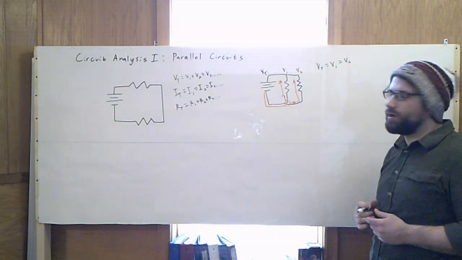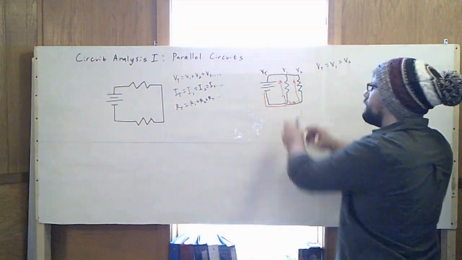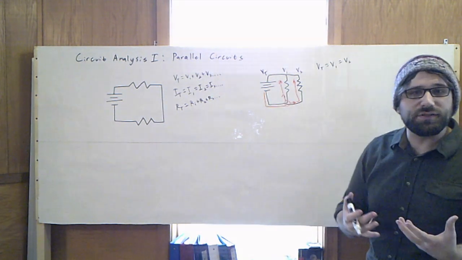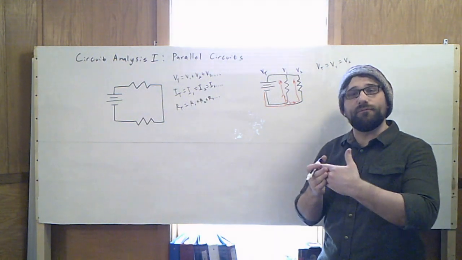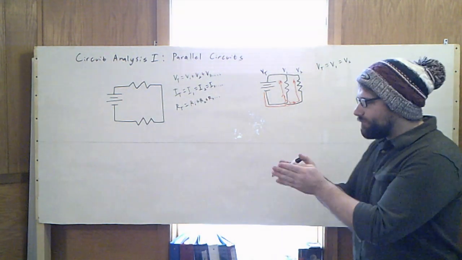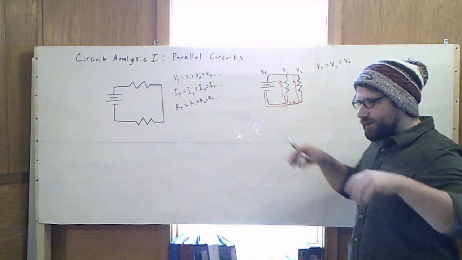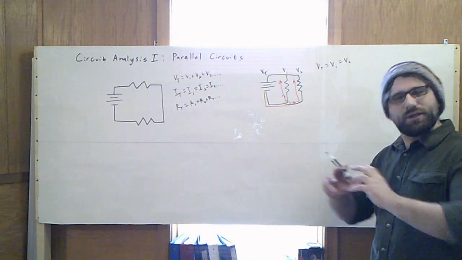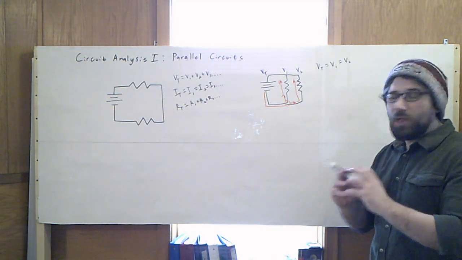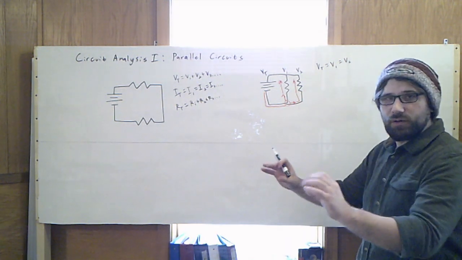Well, what about the current? The current in a parallel circuit is splitting up. And so if you think about this in terms of a system of piping that water has to flow through, if I want to have two separate pipes flowing right here, and they both connect to one main pipe, what has to be true about that main pipe? Well, it's got to be bigger. It's got to carry the current for both of those smaller pipes.